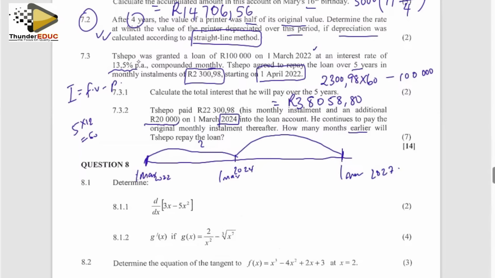So if at this point the guy is paying 22,300.98, it's more like a bonus or an addition. We need to see how many payments Tsepo made between the 1st of March 2022 and the 1st of March 2024. Since it's 2 years, it's not going to be 24 payments. Remember, he started the payments on the 1st of April. So I'll be looking at 23 payments.